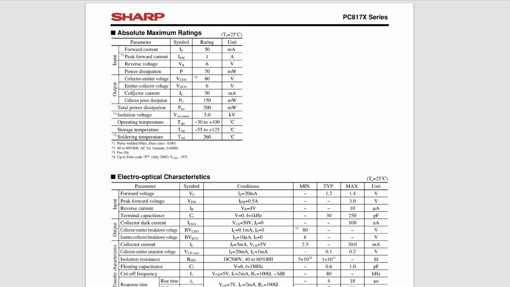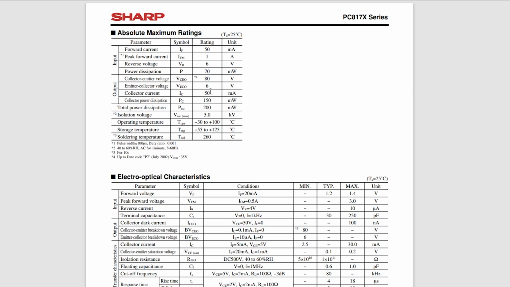We have our output, which talks about our phototransistor. We have the emitter-collector voltage of 6 volts, so the voltage between the emitter and the collector should not exceed 6 volts. The collector current is 50 milliamps, which means on the output we can't put a load above 50 milliamps, otherwise we'll risk losing our optocoupler.